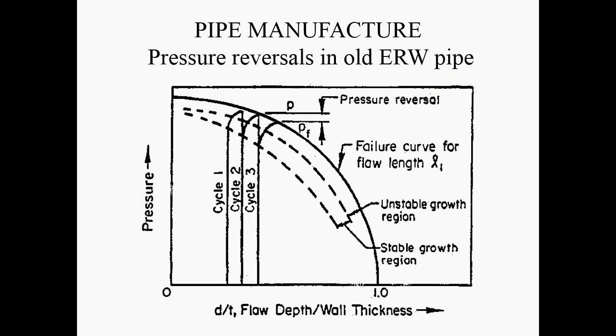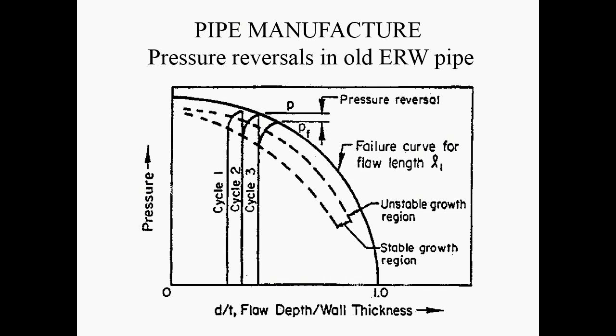So we go up to the second cycle here, same as the first cycle, but now we get onto the failure line. Because in the first pressure cycle, we've taken it so close to the limit that we've grown the defects that you've got there, in the second cycle it's going to fail. And that's these pressure reversal failures.